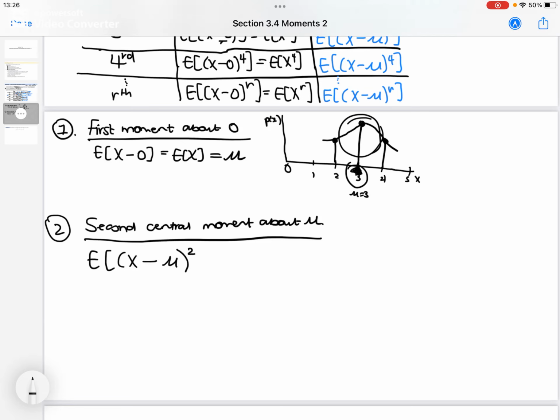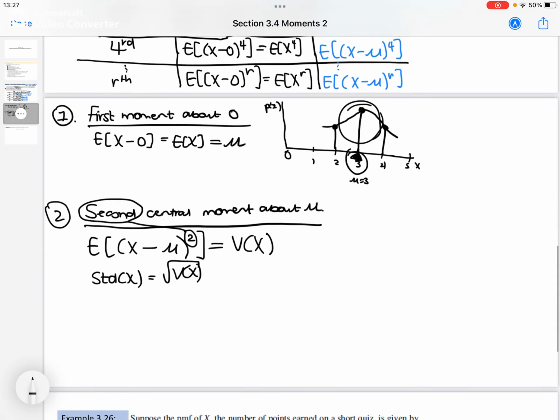Because we said about mu, all squared. So this too is because we're looking at the second moment. And we know that this is the definition of the variance. And so from the variance, we can get also the standard deviation. It's just the square root of the variance.